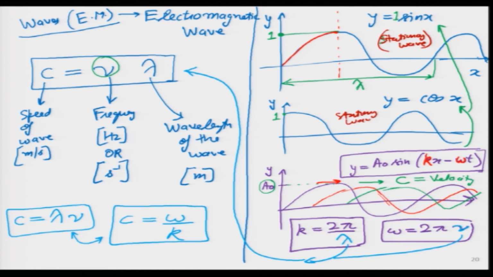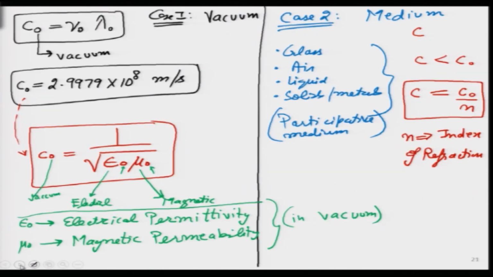This is also a stationary wave, and this third one over here is a moving wave, which is traveling either right or left. Then we looked at the value of the speed of light or the speed of electromagnetic wave in vacuum and also inside the medium, and those two are connected with one another with the ratio given by n. So, this thing over here is actually n.